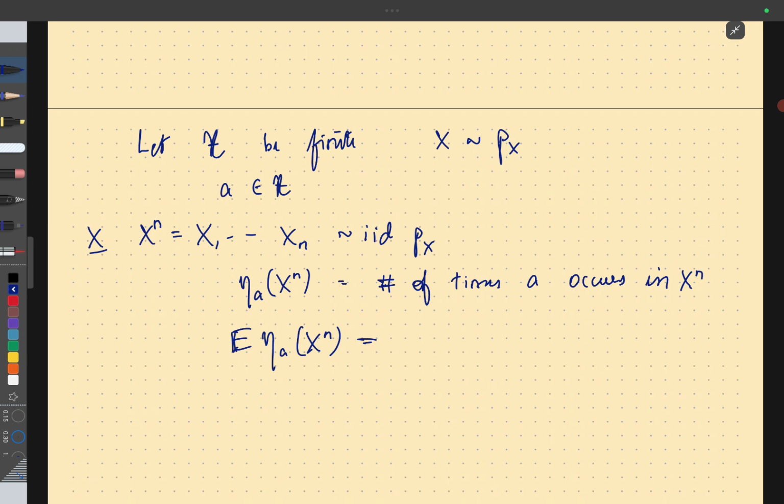The simple trick is to use indicator random variables. So eta A of xn is the number of times A occurs in the sequence xn.